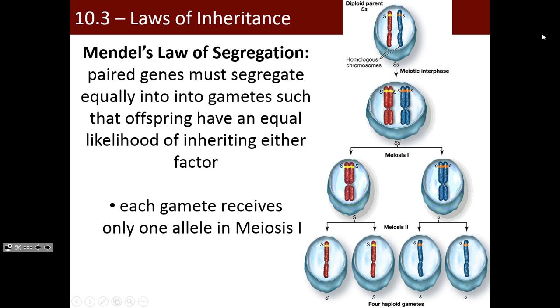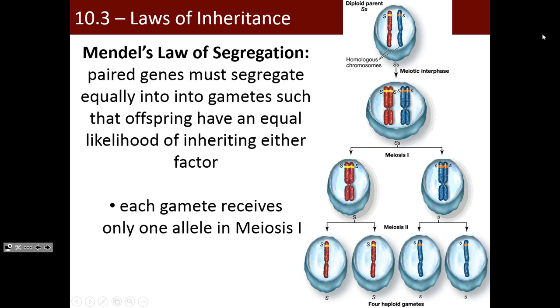So this diagram here is showing you meiosis, which we haven't talked about yet, in which a diploid parent has 2 alleles carrying some gene S for seed shape, maybe, and then those 2 are going to duplicate into a pair of sister chromatids during the S phase of the cell cycle, right? So here we have duplicated sister chromatids. And in meiosis, there's a series of 2 divisions.